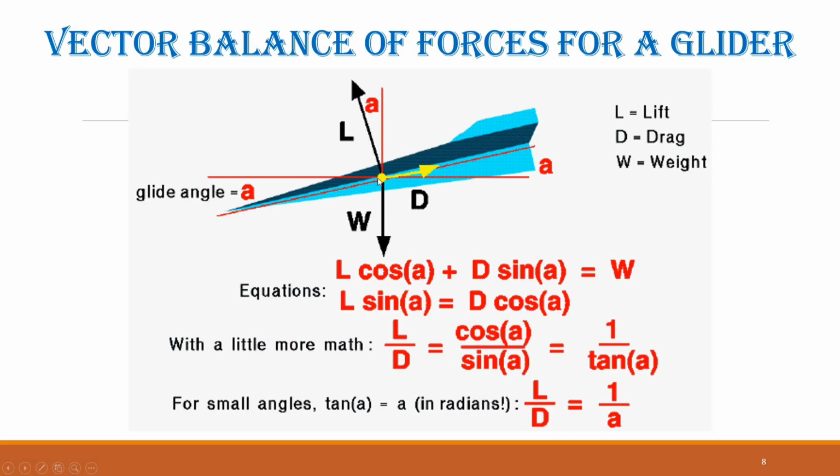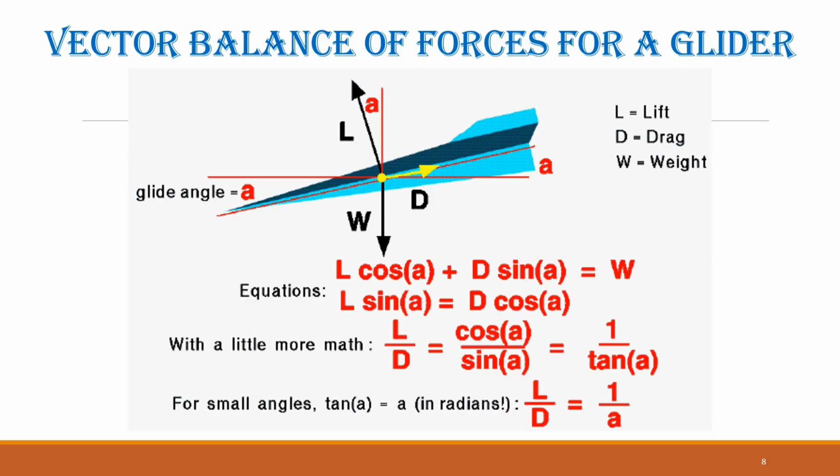Using basic angle relationships for parallel and perpendicular lines, the glide angle A appears not only between the flight path and the horizontal, but also between the lift vector and the vertical direction, and between the drag vector and the horizontal direction. This makes it possible to break lift and drag into vertical and horizontal components using trigonometry.